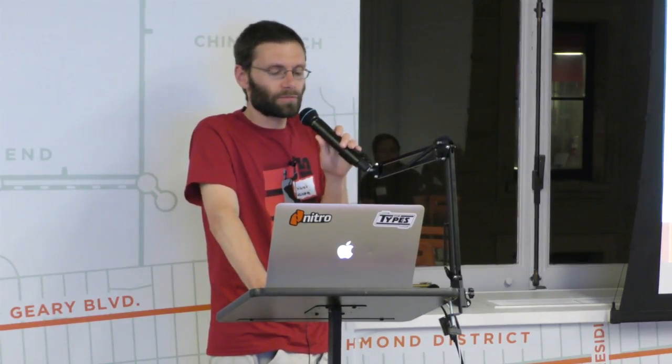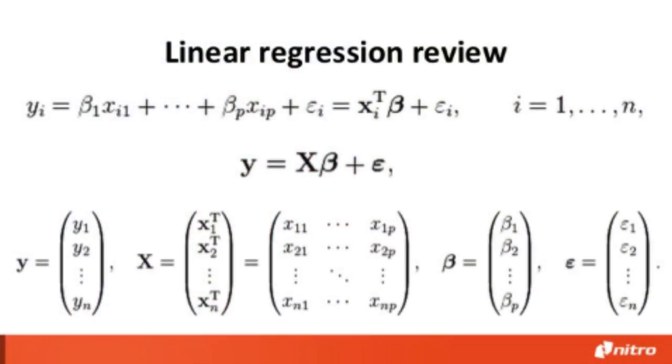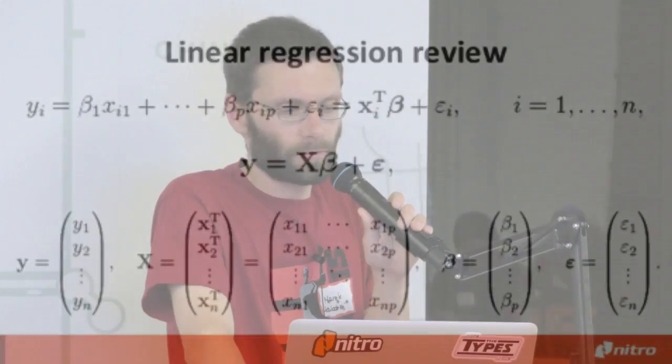So this is a really simple model, and the linear algebra is really straightforward. You just have your beta vector, which has the coefficients for the features, and your X matrix, where each row is an example, and each column is a feature for that particular example. So that should be pretty straightforward to implement.